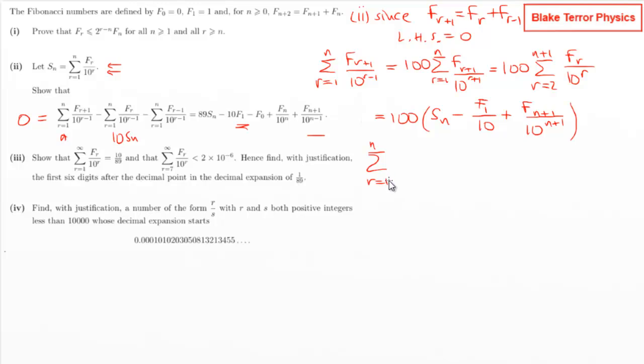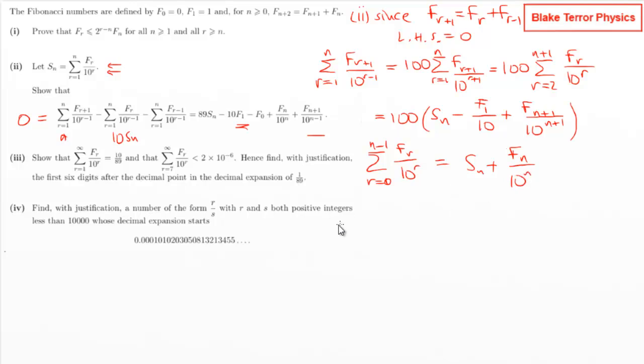So I'm coming downwards to 0 and then minus 1. So that's going to be f of r over 10 to the r. So that is equal to Sn, and then I have to take off the 0 one, which is nothing, and I need to add on Fn over 10 to the n.